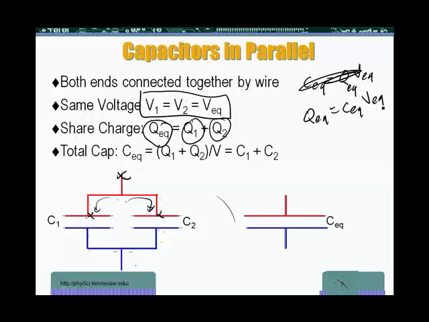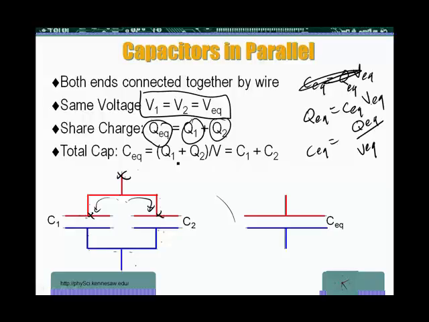So what does that mean? Since V is the same, C equivalent is just Q equivalent over V equivalent, which is just V1 or V2, which is the same. That's what we have here.